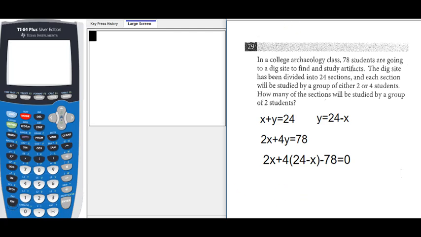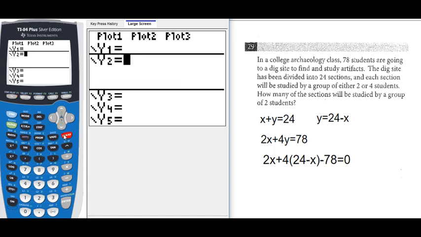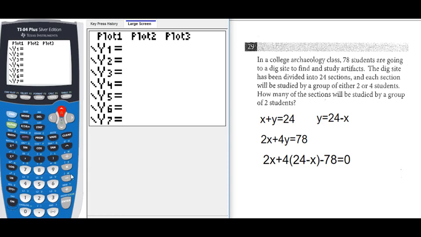Then I want to get equal to 0 here, so make sure I minus 78 both sides. I got the 0. After you get 0, you will go to y1. So you will plug into y1: 2x plus 4 times (24 minus x), minus 78.